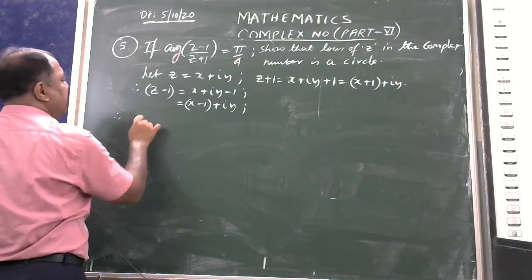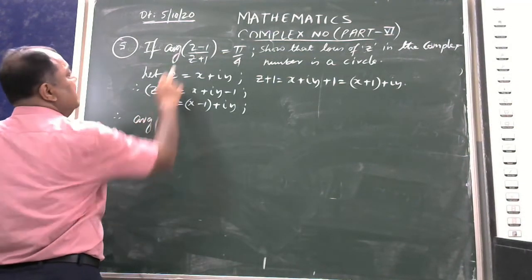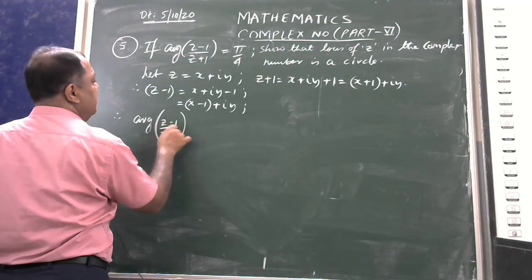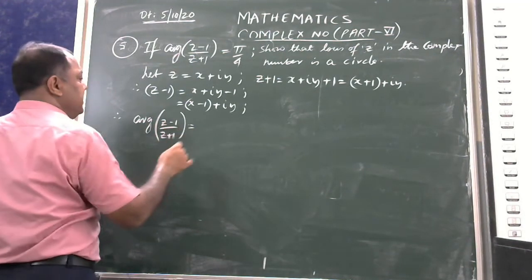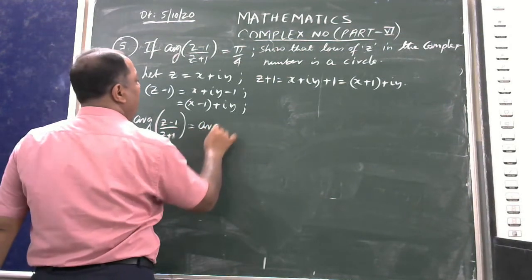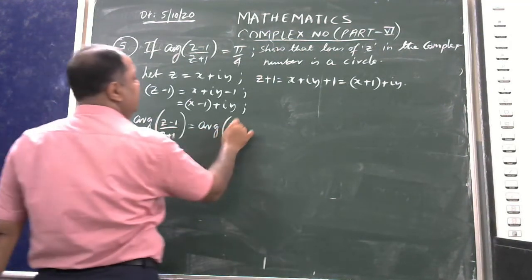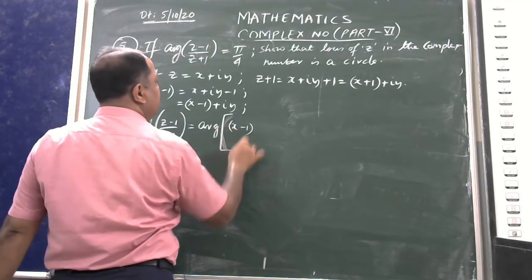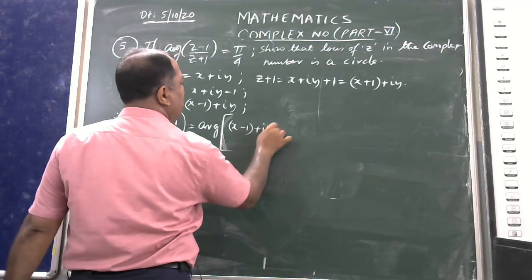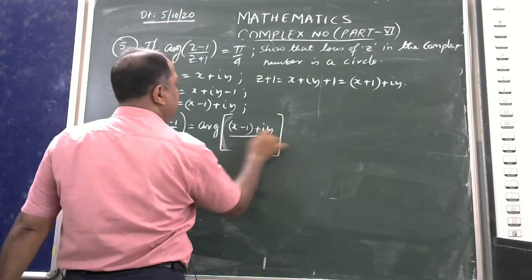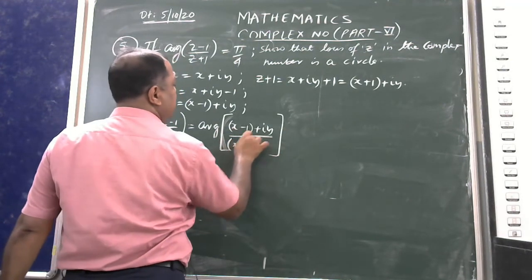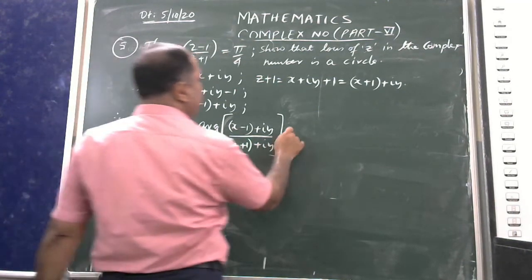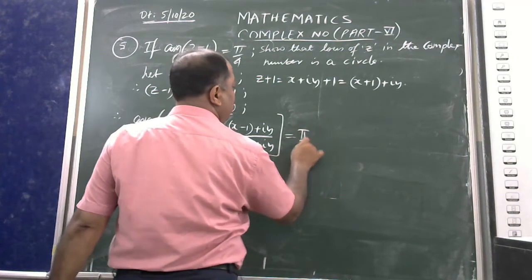Therefore, argument of z minus 1 by z plus 1 is argument of the complex number x minus 1 plus iy divided by x plus 1 plus iy, and my right hand side is equal to pi by 4.